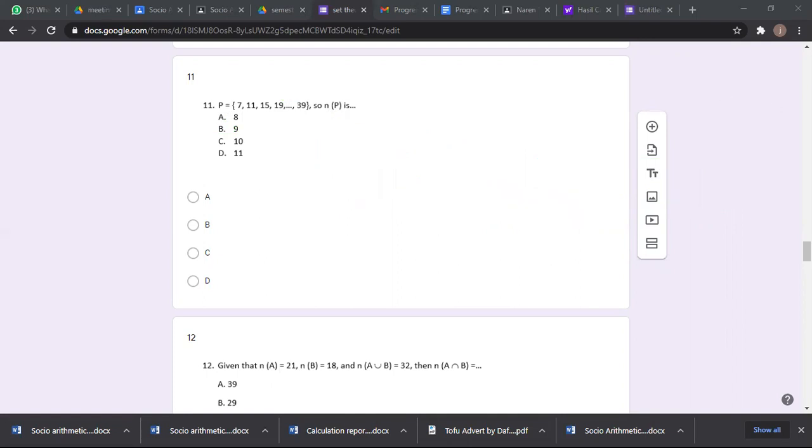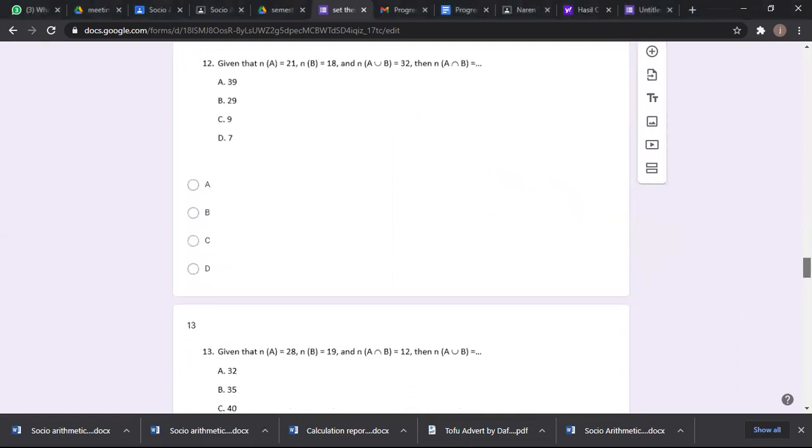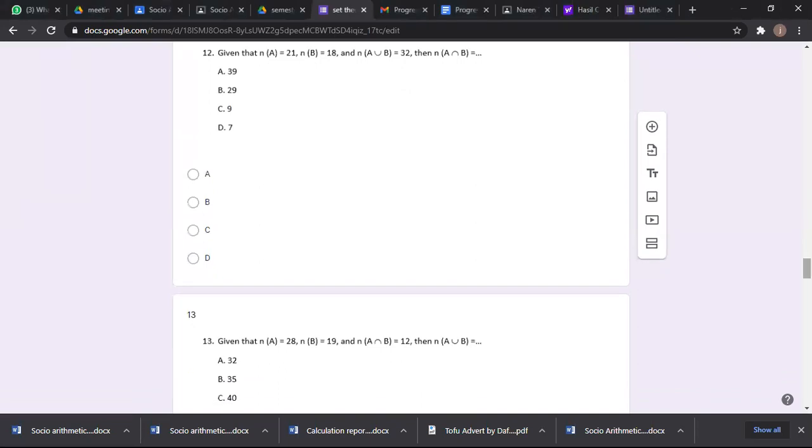Okay, next I will go to number 12. So here we have set A, and then we also have set B, and they ask about the intersection and union. What we have to do, I can say the formula is like this. To make it easy, I want to write it like this.